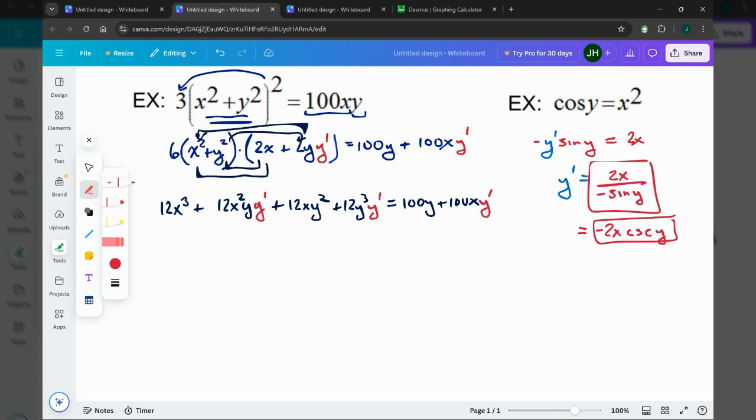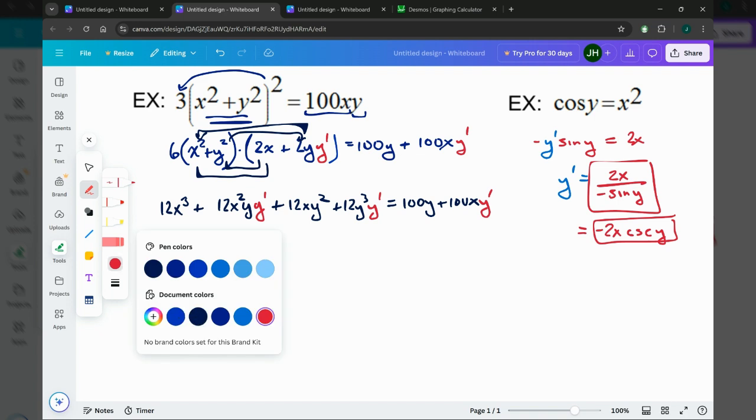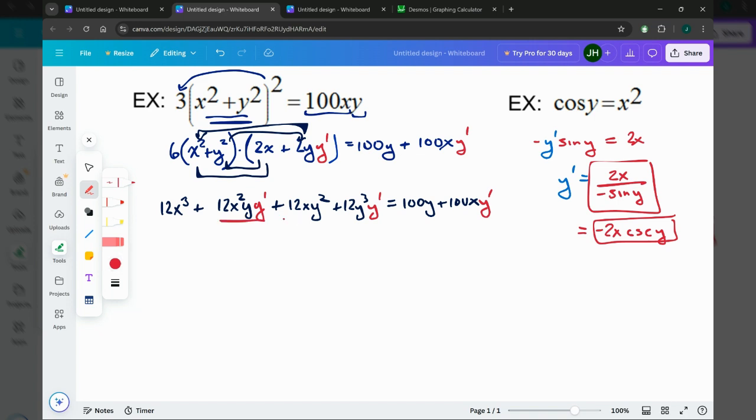Okay? So when I look at the algebra I need to do, I need to get all the y primes on the same side. Let's back up. I'm underlining the wrong terms. I got to get these three terms on the same side.